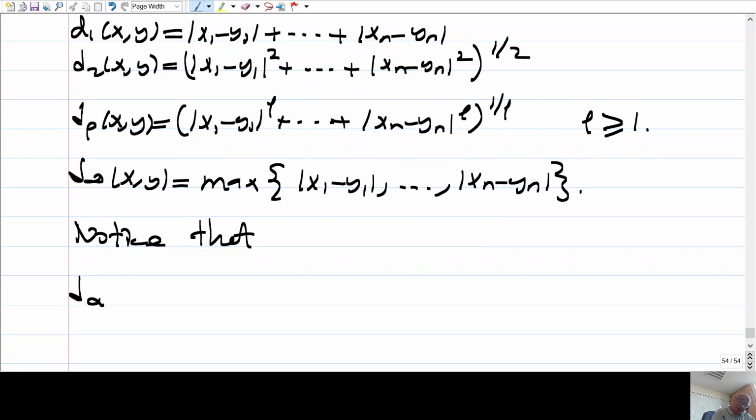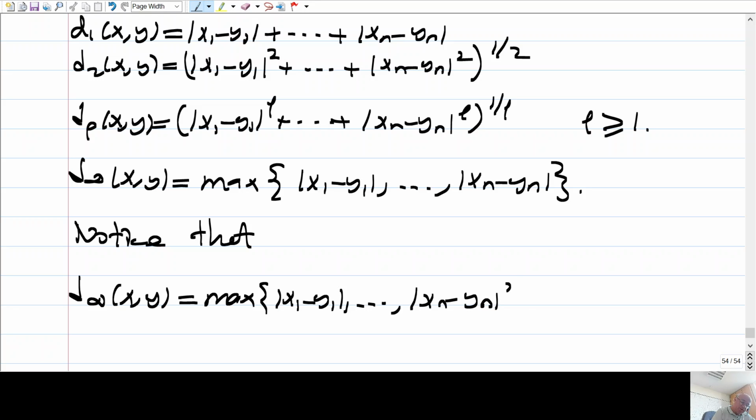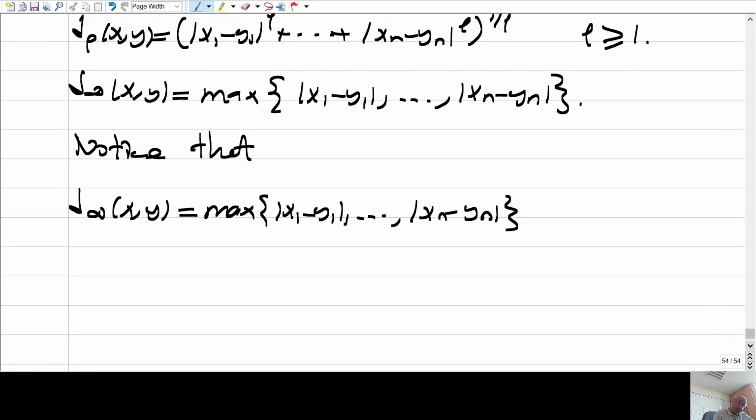Notice that D infinity xy is the maximum of these numbers, right? Whichever is the biggest, we choose just that one. But that maximum is whatever it is.